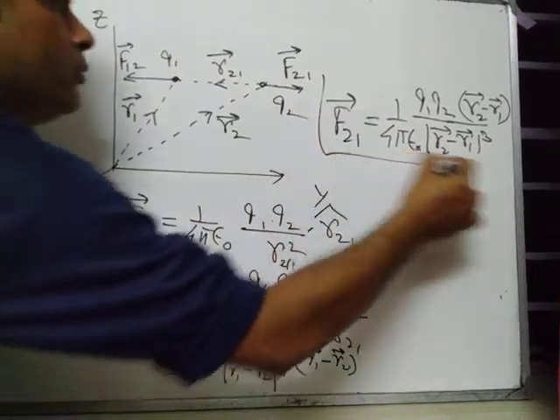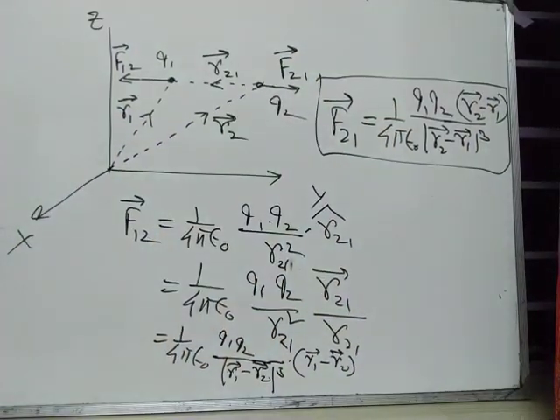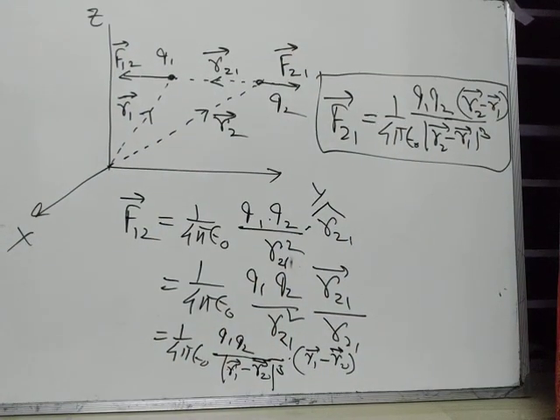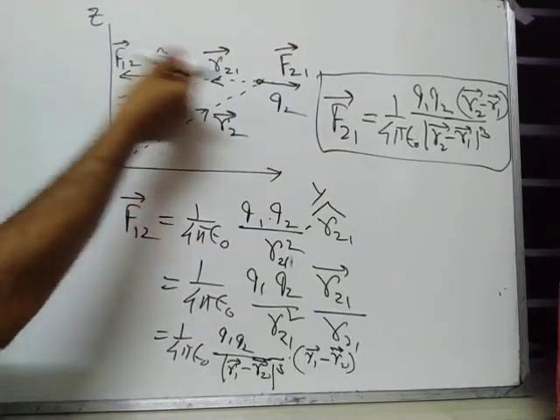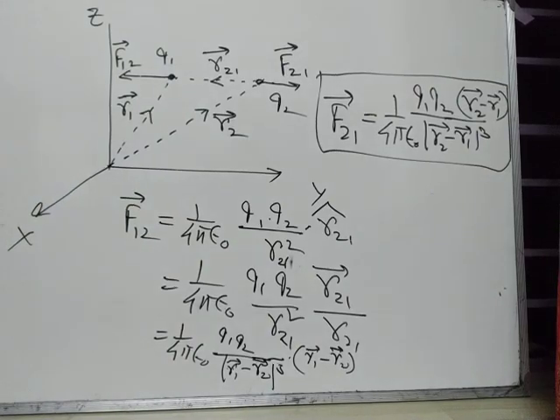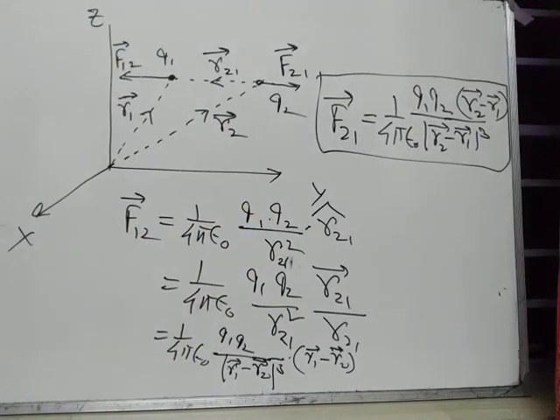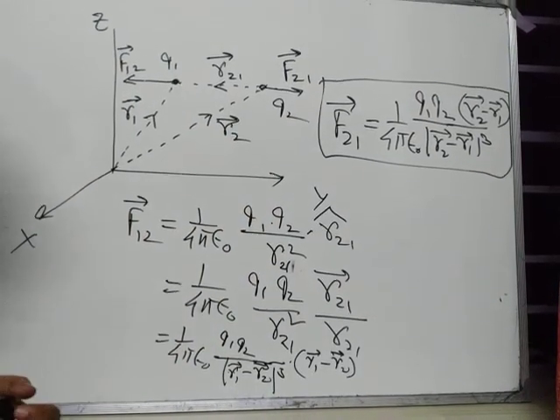This is the vector form of Coulomb's law. F21 exerts in this direction and F12 exerts in this direction.